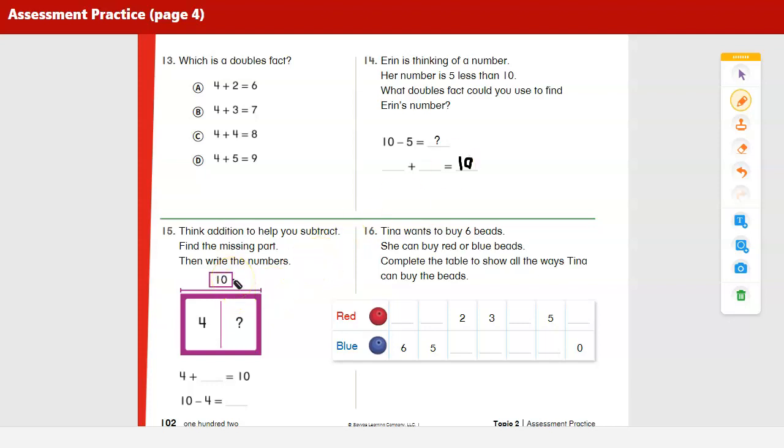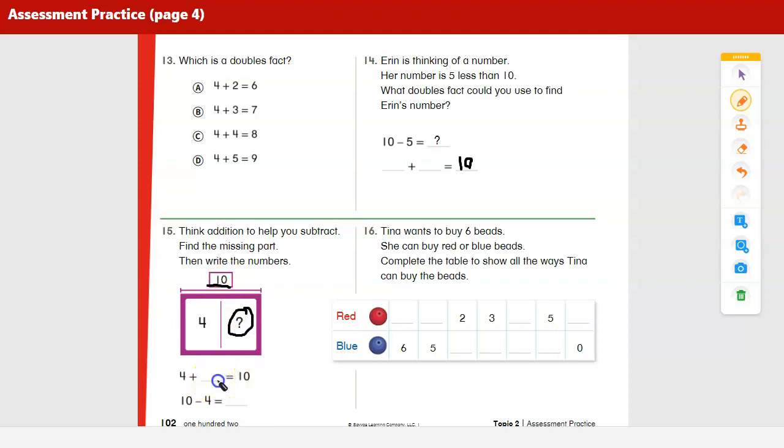Number 15 says, think of addition to help you subtract. Find the missing part, then write the numbers. So it tells us our total is 10. We have 4 in our chart, but we need to figure out 4 plus this missing part is equal to 10.